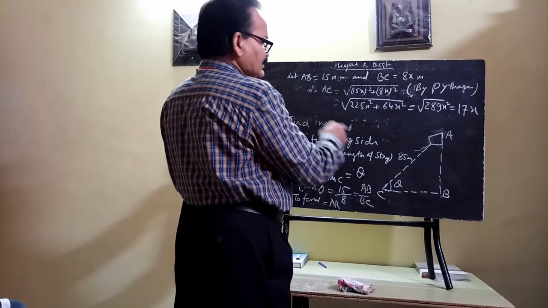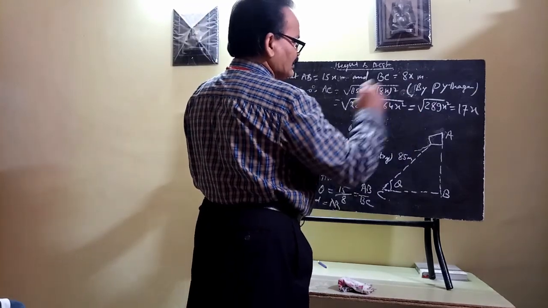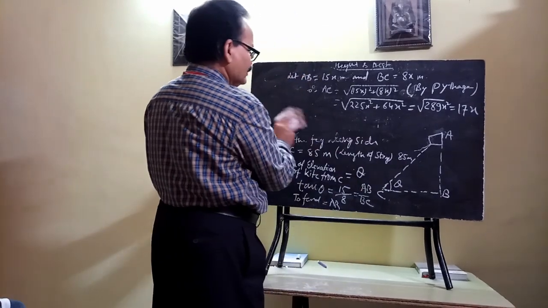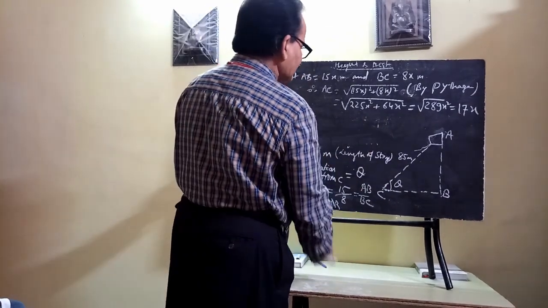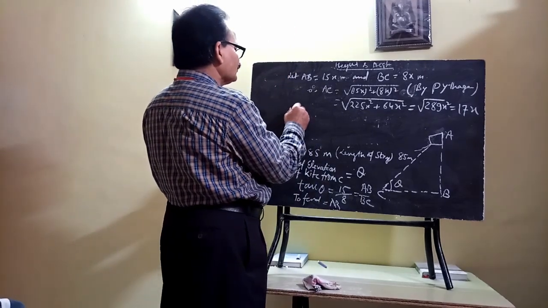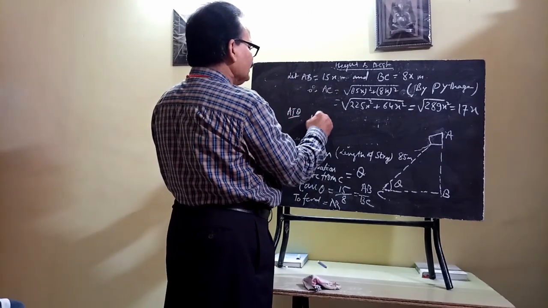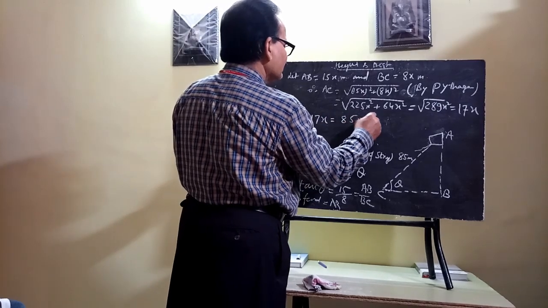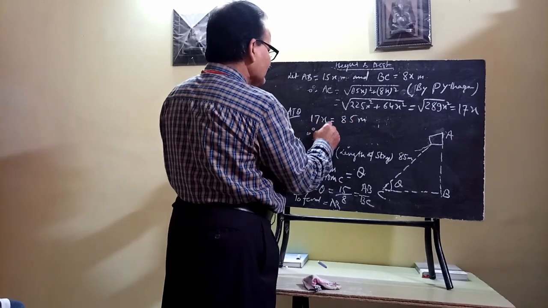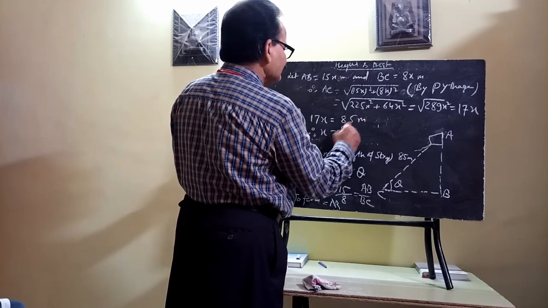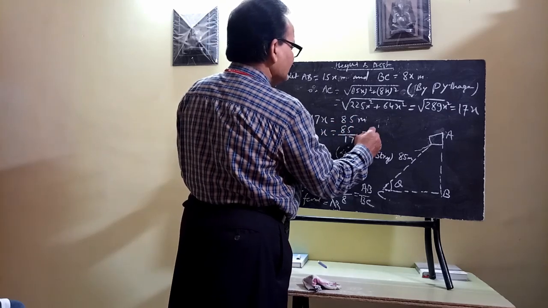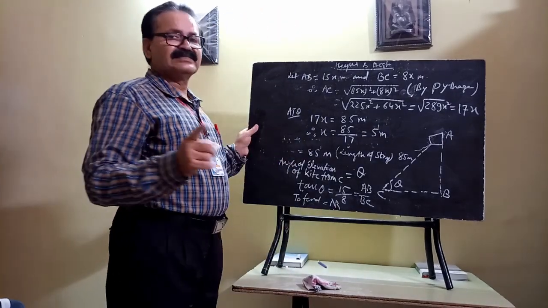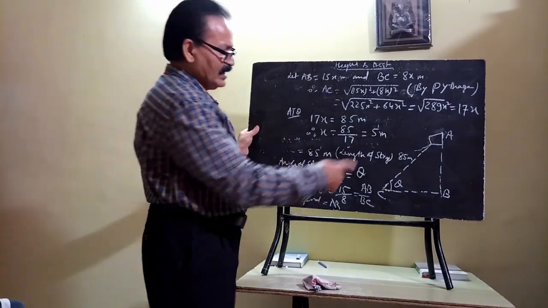Here AC is your 17x, and the value of AC is given. So according to the question, 17x is your 85 meter. Therefore x will be equal to 85 by 17, that is 5 meter. So here x is the HCF between AB and BC.